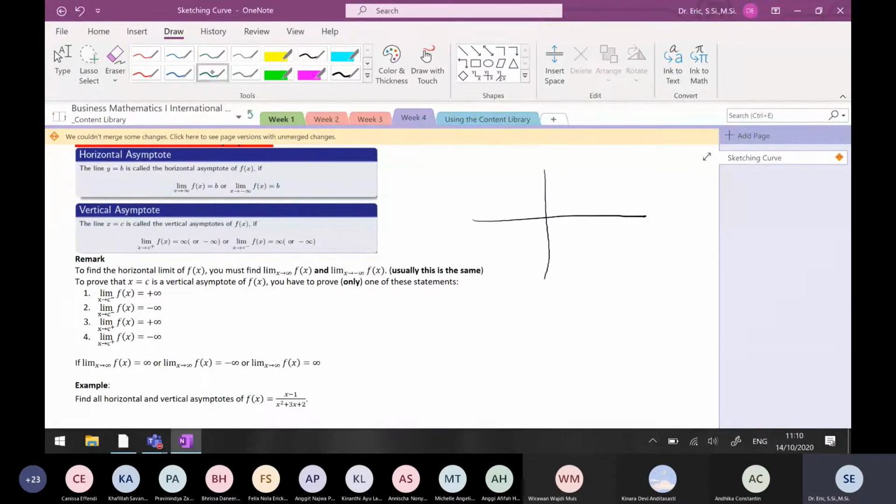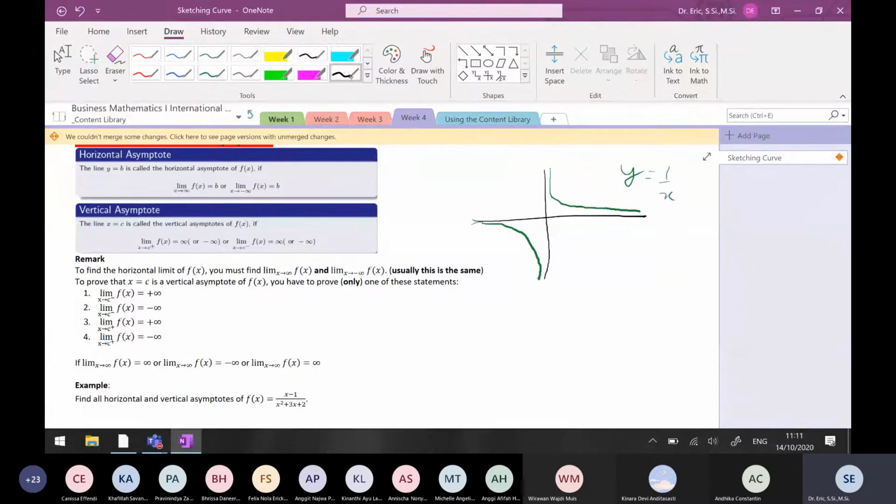If you have a graph like this, maybe this one, this is the famous curve y equals 1 over x.